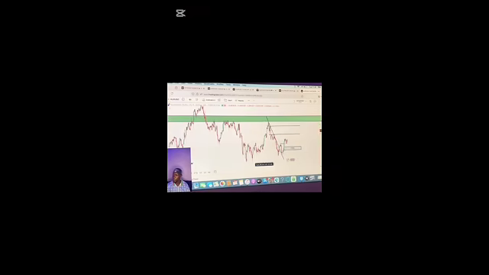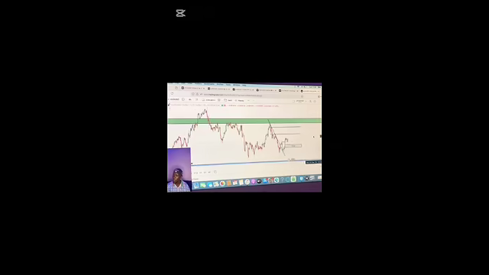Now as you can see, this was a downtrend. Lower high, lower low, lower high, lower low, lower high. Instead of a lower low, it formed a double bottom, and we all know a double bottom is said to be a change of character.